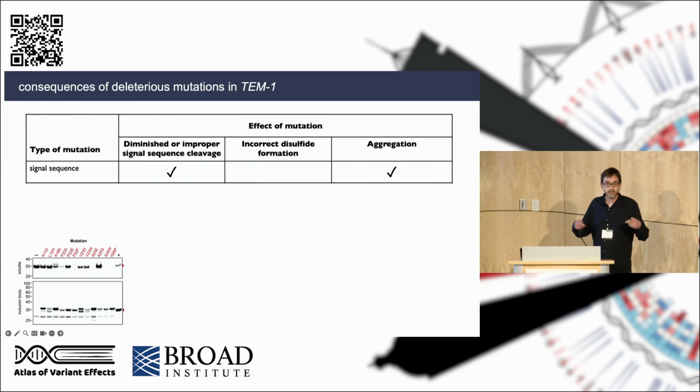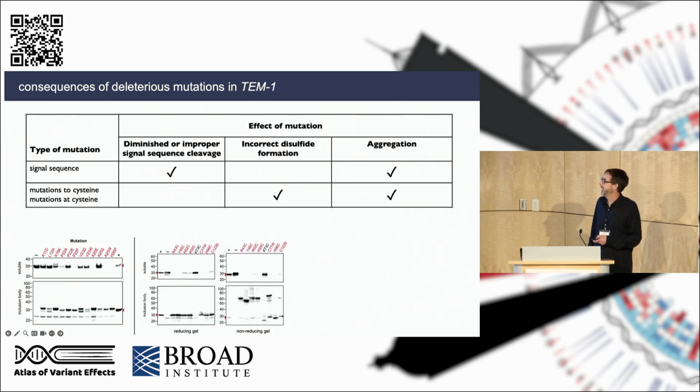They don't cause the export pathway to be compromised, surprisingly, which is what I thought we would find a lot of. It just interferes with the ability for the signal sequence to be cleaved off. The signal sequence is known to retard the folding of the protein, and you end up with aggregation.